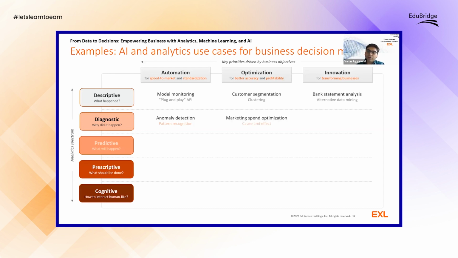Let's take an example of marketing spend optimization. I think we already talked about it, so you understand how to think about it. There are different channels of marketing where you can invest, and then you need to see the ROI. So that requires cause and effect. Basically, there's a saying that 50% of my spend on marketing is useless, but I don't know which 50%.